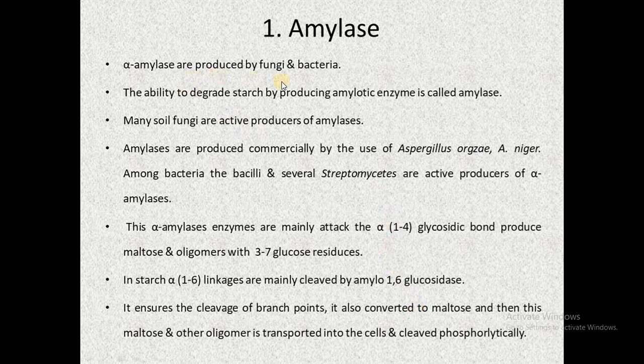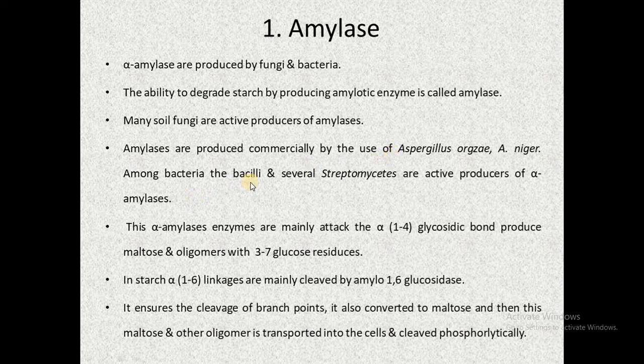First we see amylase. Alpha amylases are produced by fungi and bacteria. The ability to degrade starch is by producing the amylolytic enzyme called amylase. Many soil fungi are active producers of amylases. Amylases are produced commercially using Aspergillus oryzae and Aspergillus niger.